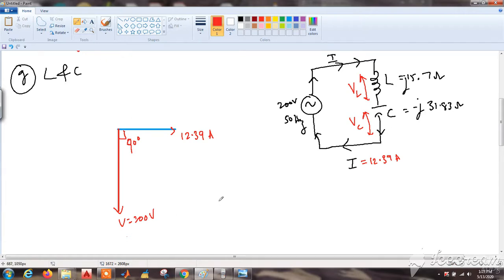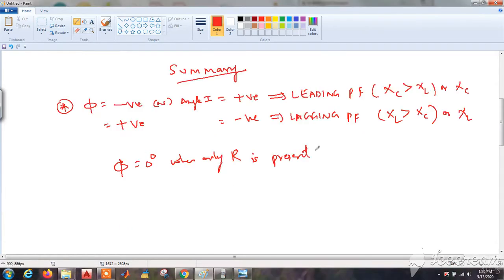Okay, so let us look at a short summary derived from this question. When the phase angle, that is the power factor angle, is negative, or the angle associated with the current is positive, then it is leading power factor. In this case you can notice that the capacitive reactance is more, or the circuit only consists of a capacitor.